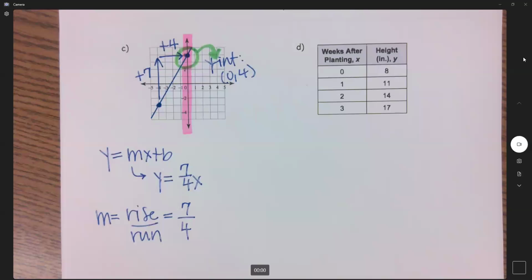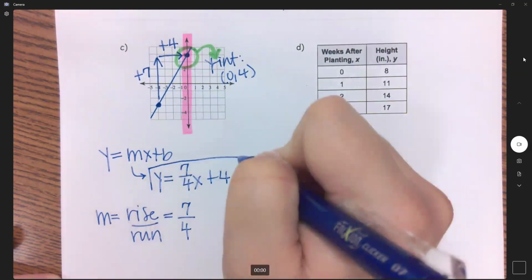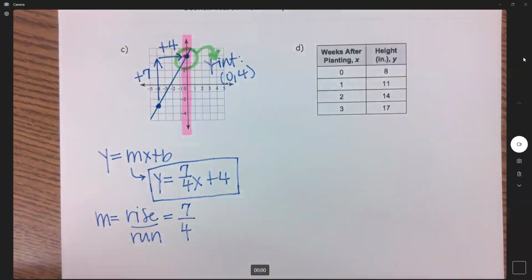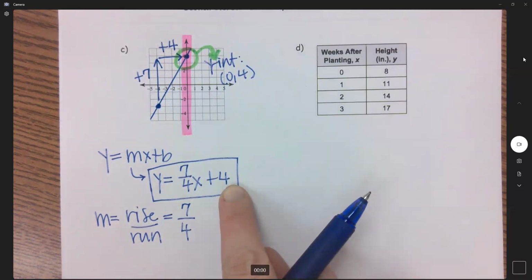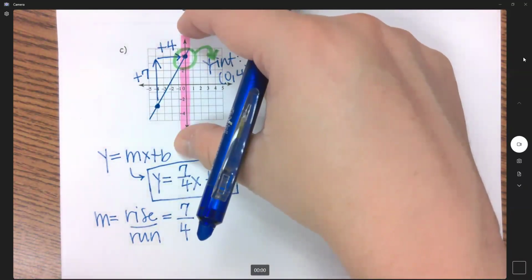So I have my y-intercept as well. That is my equation. From that, I can calculate the slope by rise over run, and then I can figure out where it is crossing that y-axis right here.